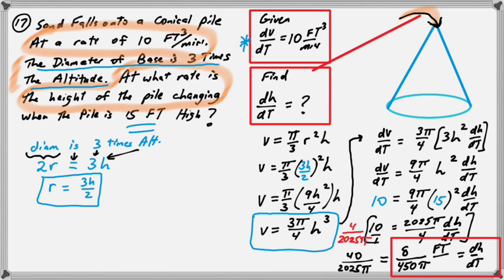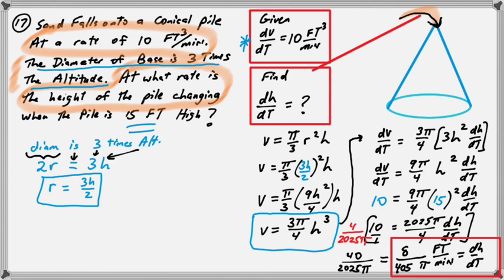And what's the time in minutes? Apparently, I'm not very good at division because it's not 450. I believe it would be 405, right? Because that would give me 2,025, yes. So 8 over 405π feet per minute is the answer for 17.